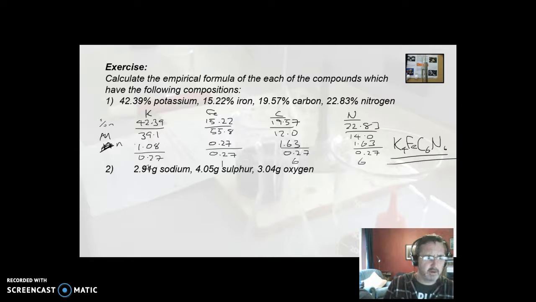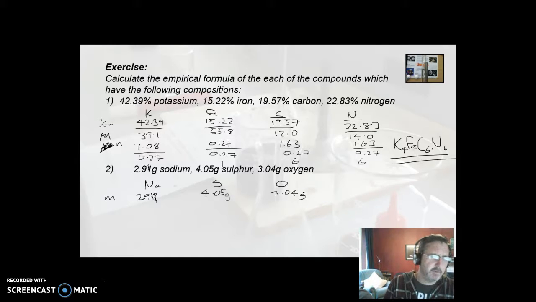Okay, here's another example. We've got sodium, Na, sulfur, and oxygen. We've got 2.91 grams of sodium, 4.05 grams of sulfur, and 3.04 grams of oxygen. Now notice at this stage we actually have the mass.